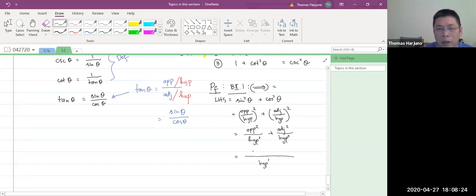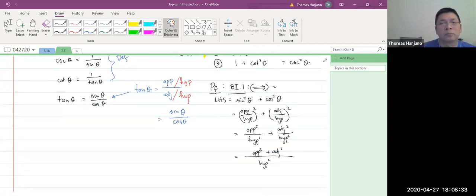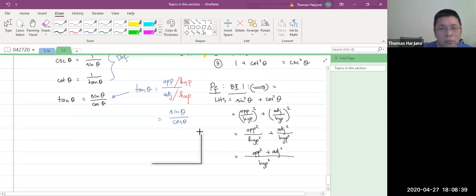On the top, I get opposite squared plus adjacent squared. Now, what is opposite squared plus adjacent squared?